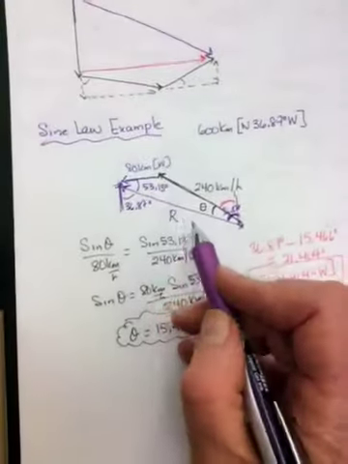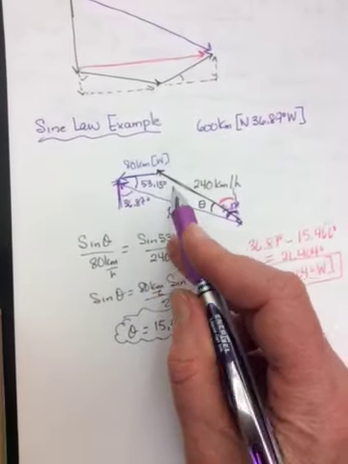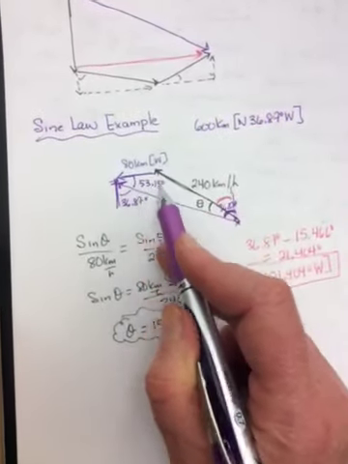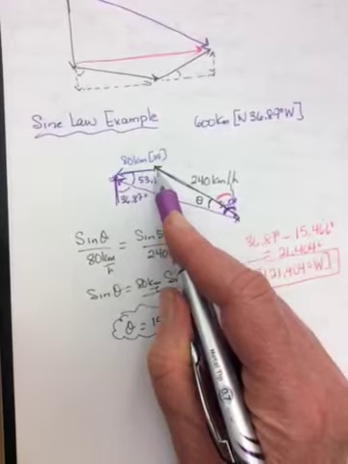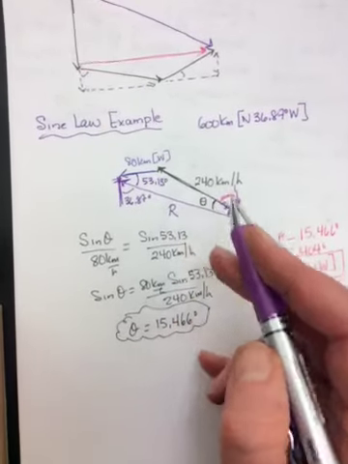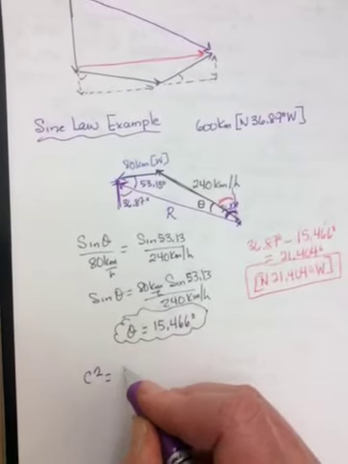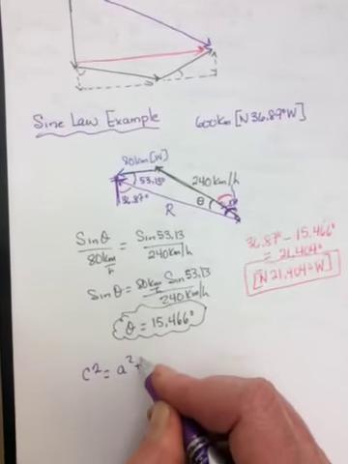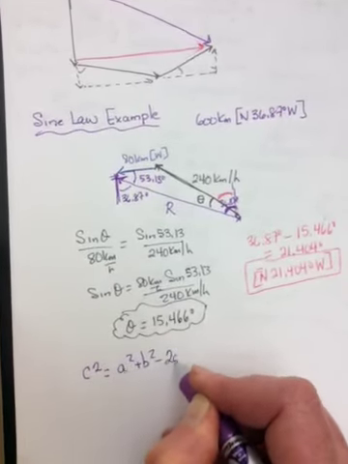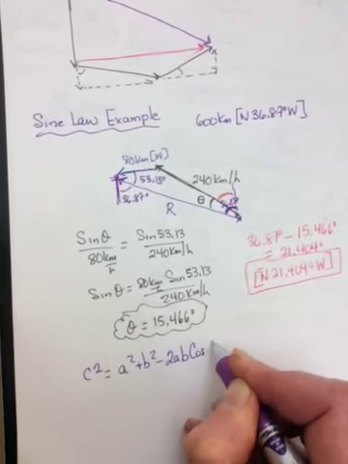And so now I want to find a side, and this time you have this angle, you have this angle, that means you know that angle. You could use sine law or cosine law. But let's use cosine law just because you haven't yet. So c squared equals a squared plus b squared minus 2ab cos c.